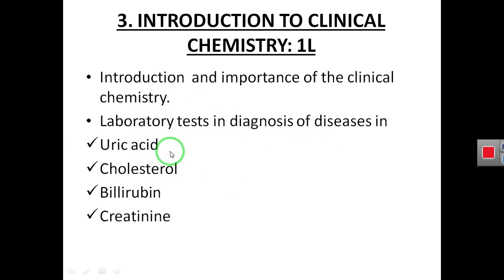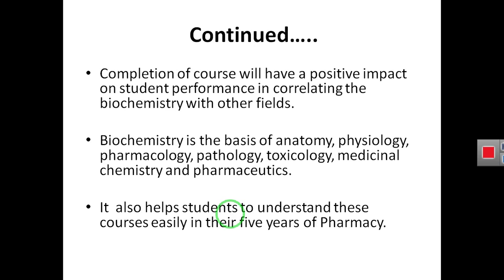For example, uric acid test, cholesterol, bilirubin, and creatinine test. I will complete all these tests in one lecture. So that is how we have to complete the whole biochemistry subject of the second semester during 45 lectures.